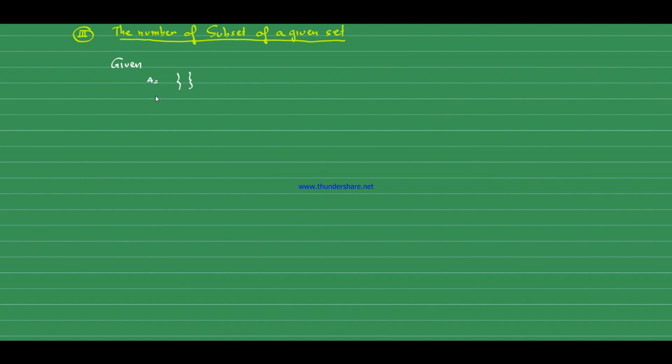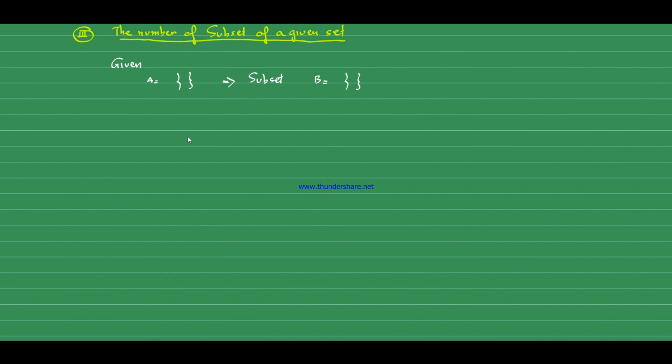So given this set over here, the subset I can get is also an empty set, because the empty set is a subset of any set. So the empty set will be a subset of the empty set.